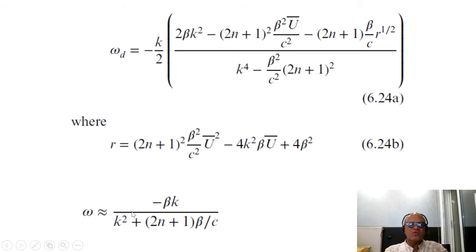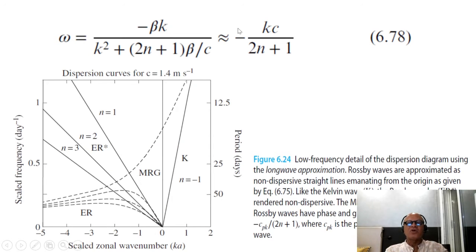In this case, k squared is smaller, so you can further simplify this relation approximately to minus kc divided by 2n plus 1. So then you can look at the dispersion curves for a particular gravity wave speed. This is the low frequency detail of the dispersion diagram with the long wave approximation. Rossby waves are approximated as non-dispersive straight lines emanating from the origin as given by equation 6.75, which we looked at before.